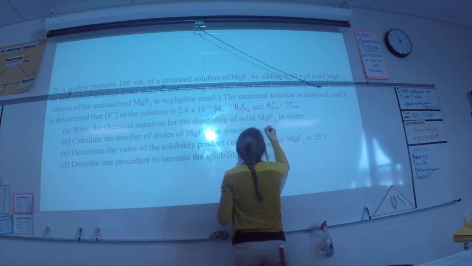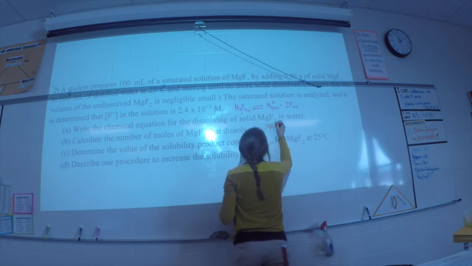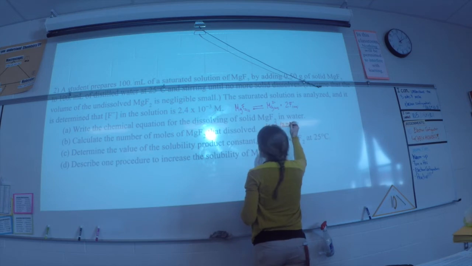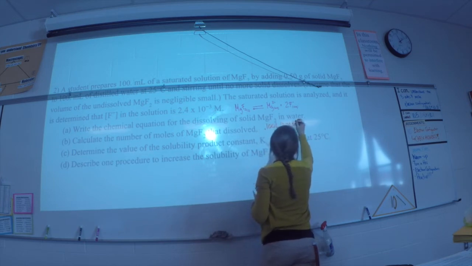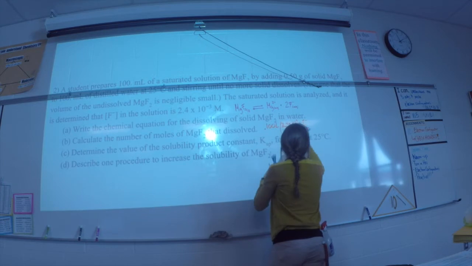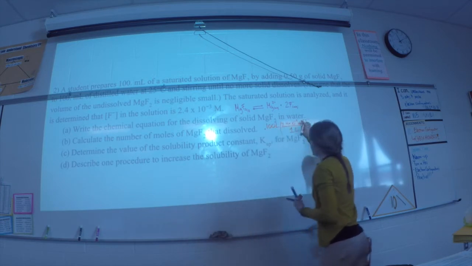I'm going to change that into liters, so 0.100 liters, and multiply that by the 2.4 times 10 to the negative 3 for F-. Molarity is moles per liter, so this gives moles.